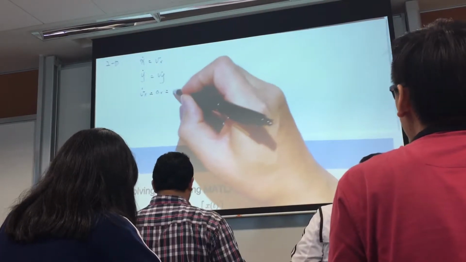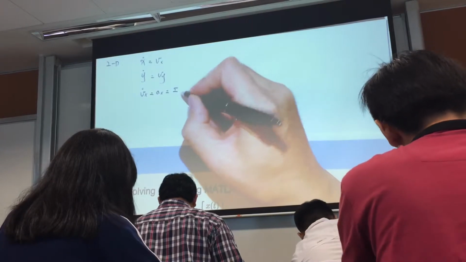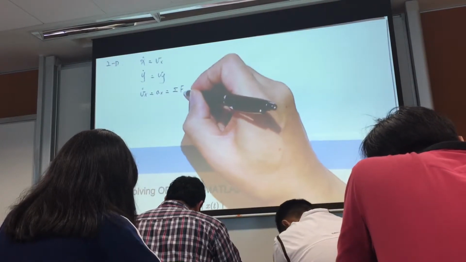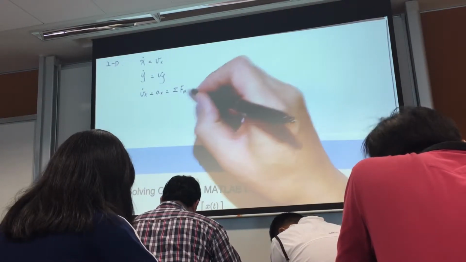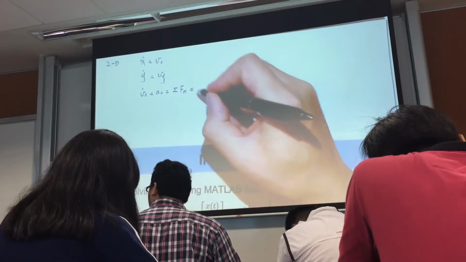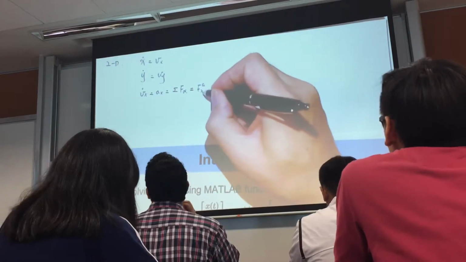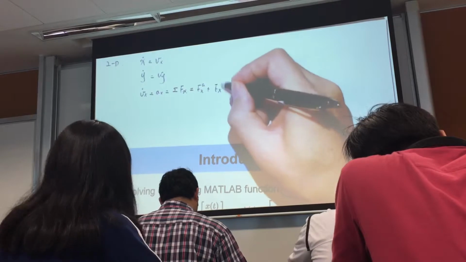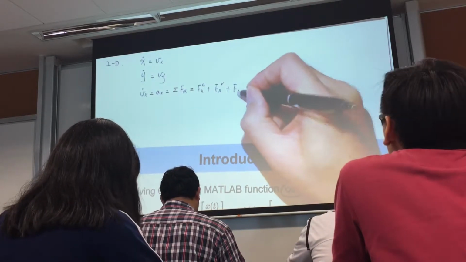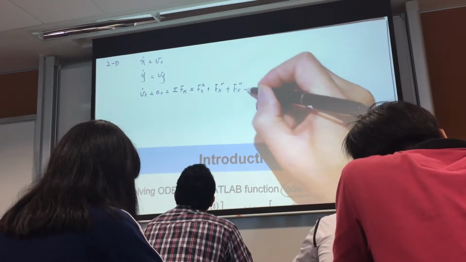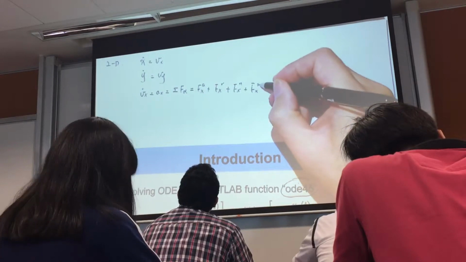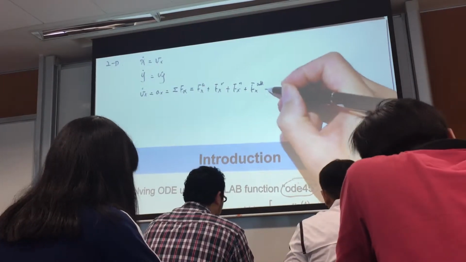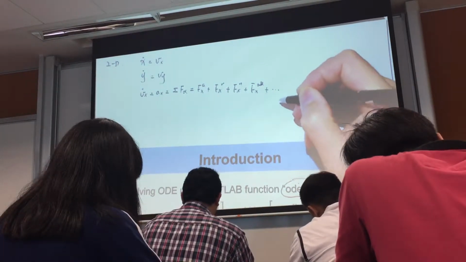So this is equal to the summation of the forces in the x direction. So we have the Fxa plus Fxr plus Fx noise plus Fx additional, and you may define other forces.